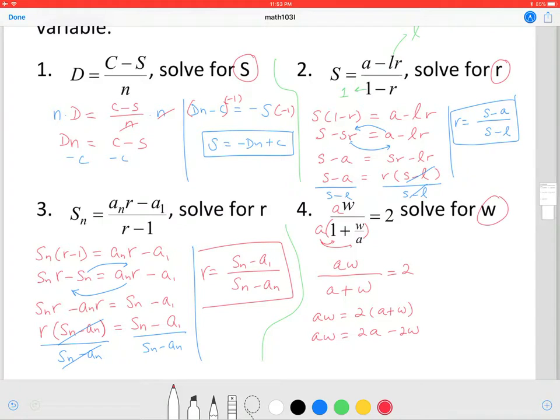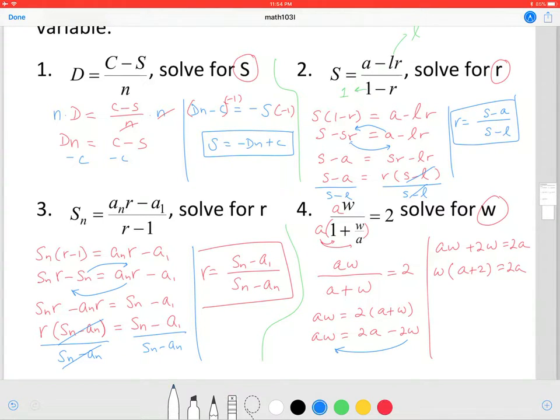And what am I after? I'm after w here. So I've got to pull the w's to one side. So I'm going to pull this to this side. So what I have is aw plus 2w is equal to 2a. Okay, and factor out w, so that's a plus 2. I'm sorry, hang on, let me make that correction.